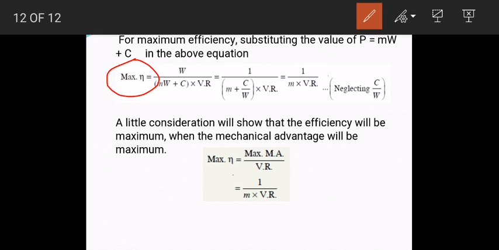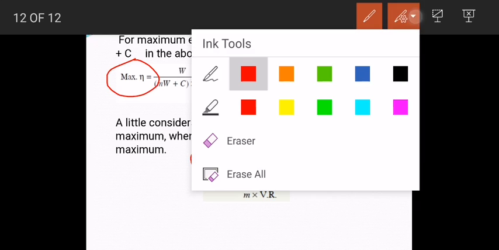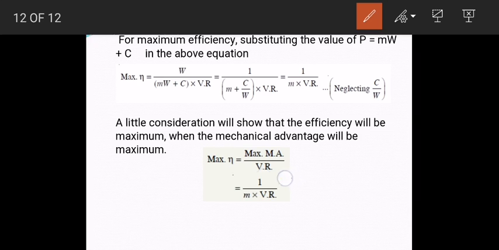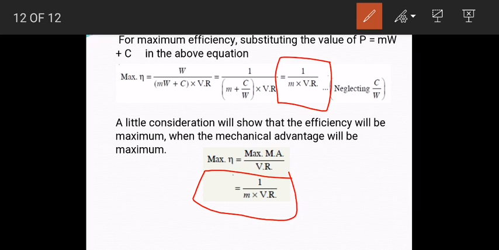We know maximum efficiency will be maximum mechanical advantage upon VR, and we already know maximum mechanical advantage will be 1 upon m. We got 1 upon m into VR. Same answer, so both are the same. The two methods can be used. One is using P is equal to mW plus C. Second is directly using the maximum mechanical advantage.